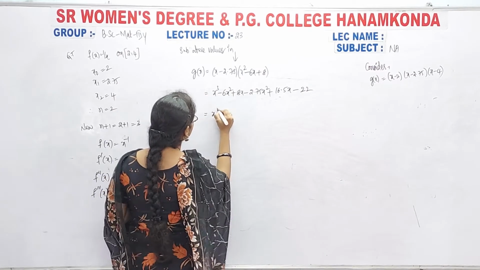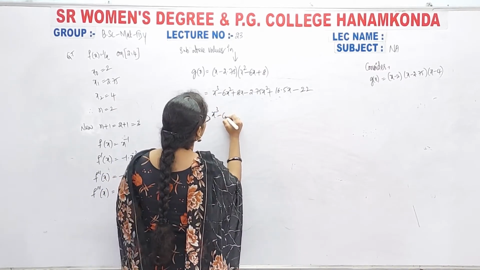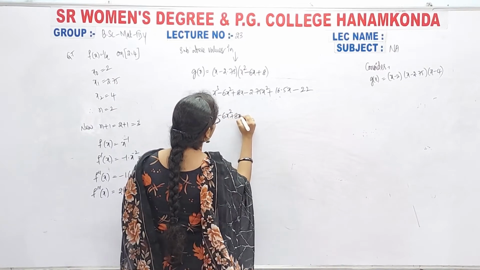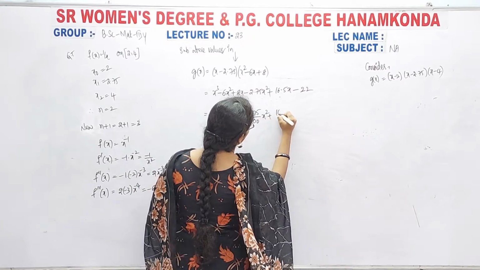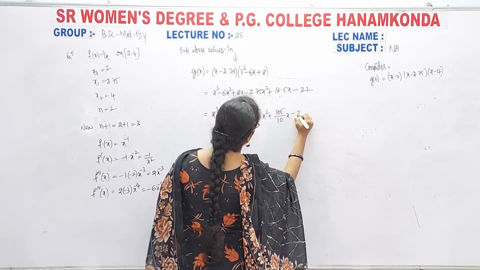Now we have x cube minus 6x square plus 8x minus 275 by 100 x square plus 165 by 10 x minus 22.